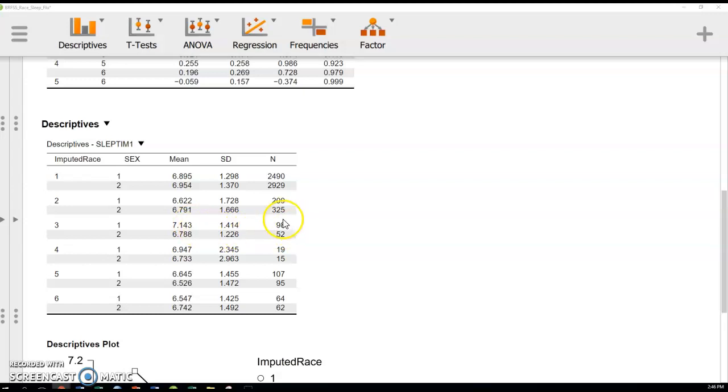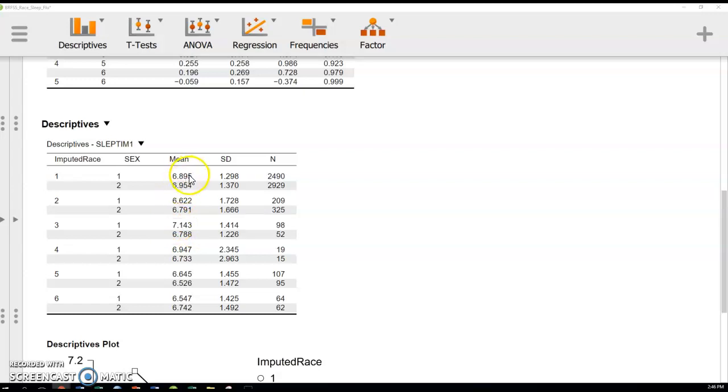And luckily that is given to us right here. So we can see there were 98 males, which is a fairly high sample size for doing an average. I mean, we'd like to get about 30 or more if it's a good representative sample, which this survey data should be. So it really does report these Asian males are reporting more hours of sleep per night.